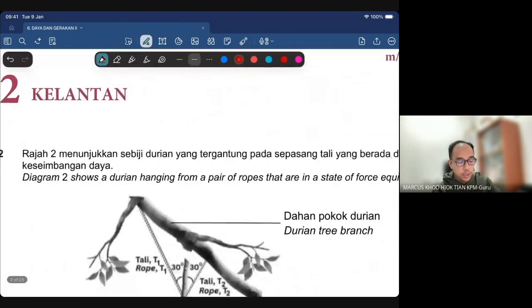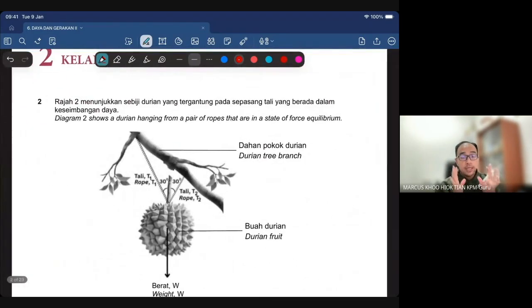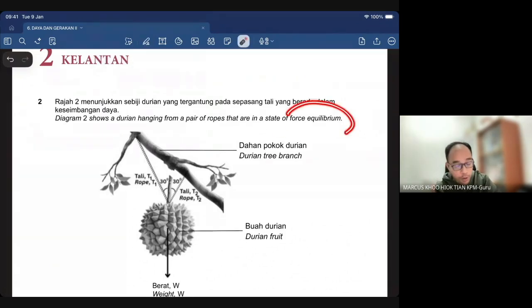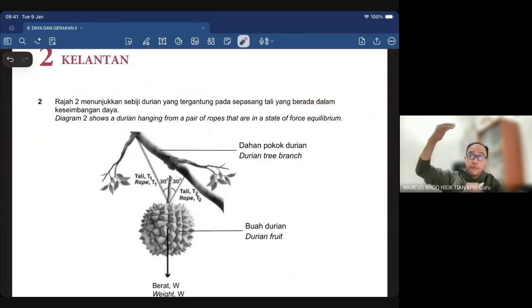Next question. So this is a different story. Just now we talked about resolution of forces. I give you one resultant force, you split it into two. Now this question is talking about equilibrium of forces. If you joined us last Saturday for the MRSM session, I did speak about this.